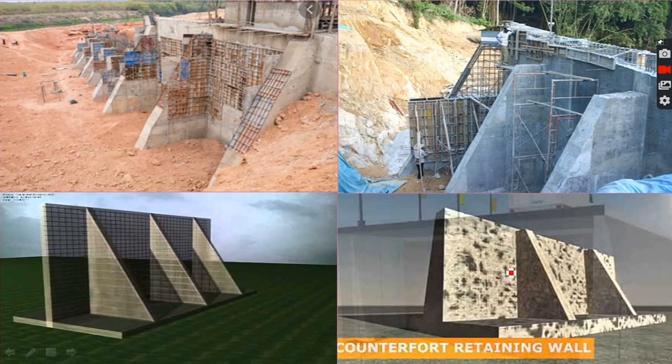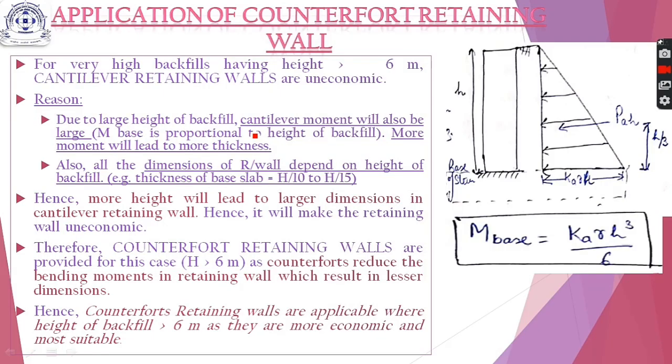Here you can see the provision of counterforts along the height of the stem at a particular spacing, and also the reinforcement in the counterforts, like this mesh type reinforcement here and this inclined reinforcement here. We will be learning in the coming slides how this reinforcement is provided and designed.